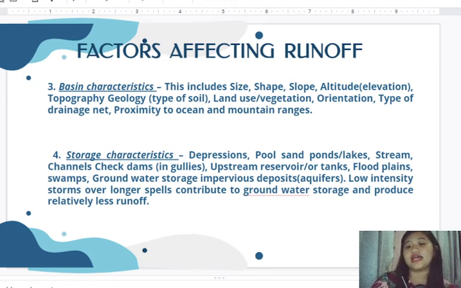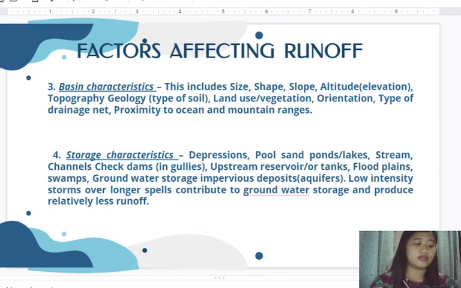Depressions, pools, sands, ponds, lakes, streams, channel check dams, upstream reservoirs, or tanks. Floodplains, swamps, groundwater storage, impervious deposits, or aquifers. Low-intensity storm over longer spells contribute to groundwater storage and produce relatively less runoff.